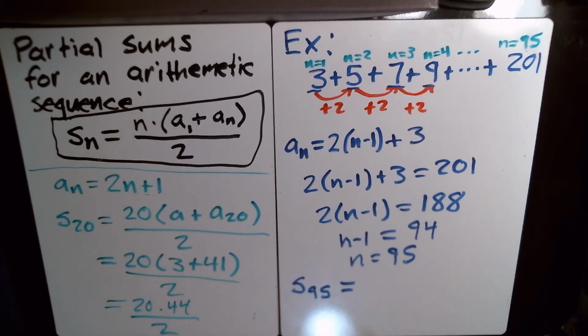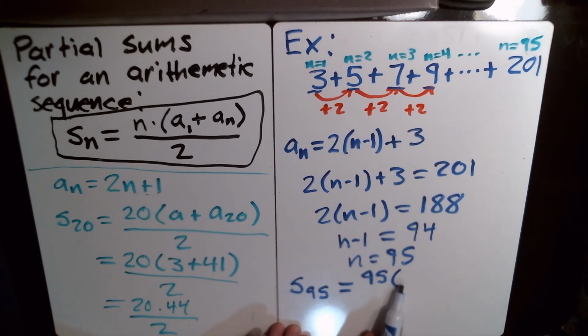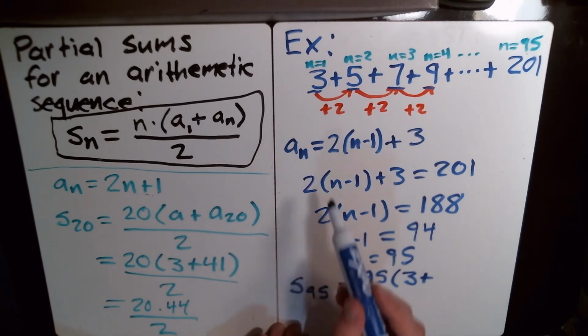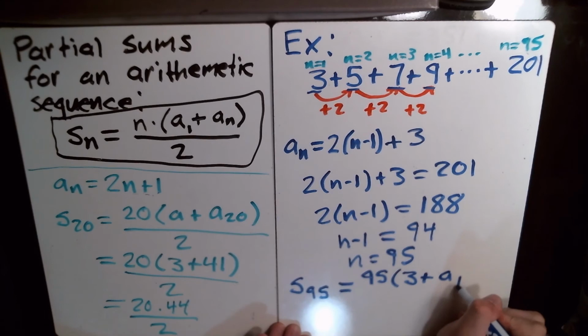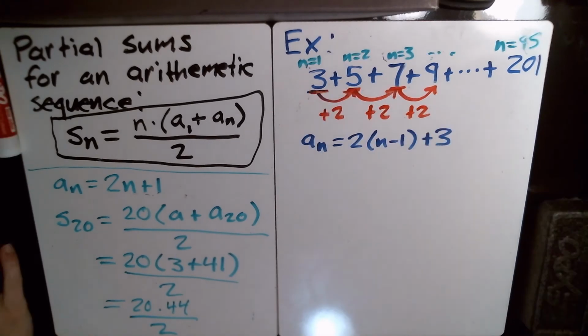So I plug in n, it's going to be 95. Well, what's a sub 1? It was 3, our initial starting point. 3 plus a sub n, so a sub 95, and then divided by 2.